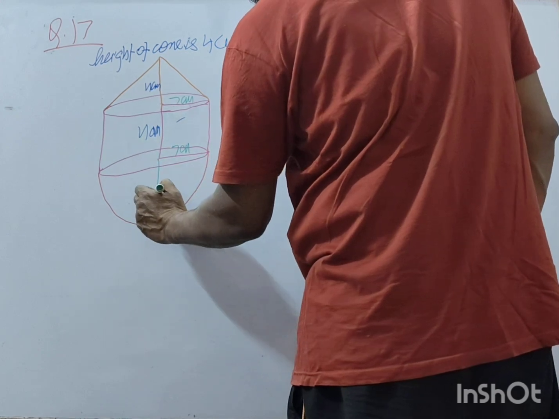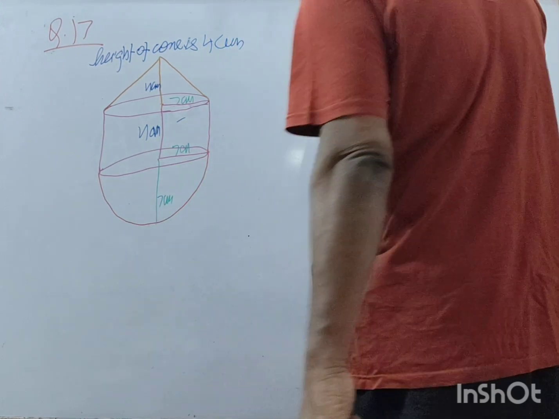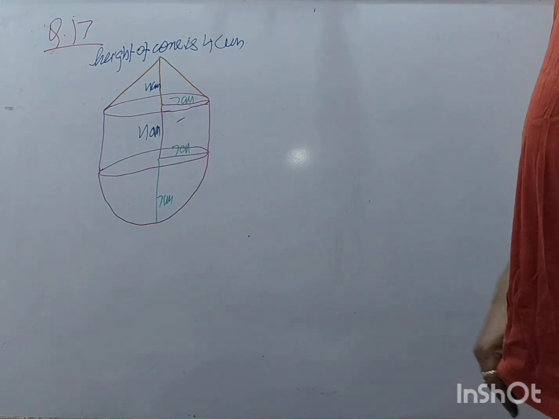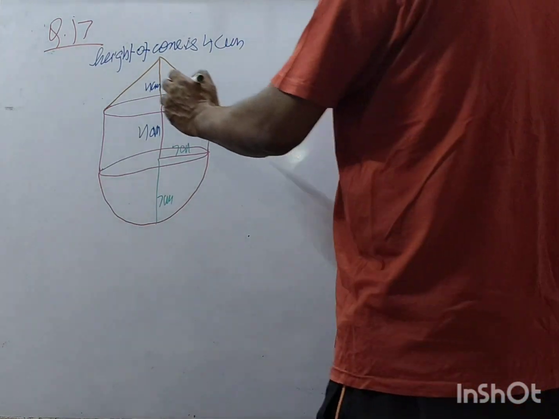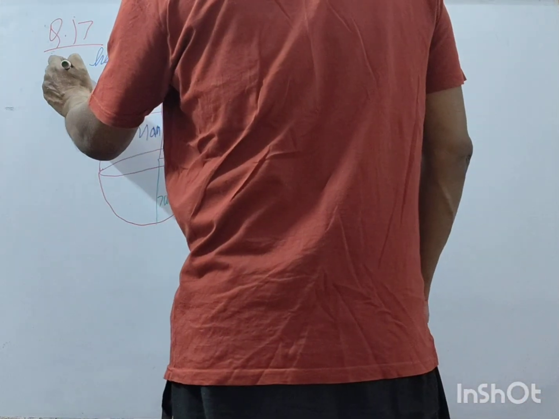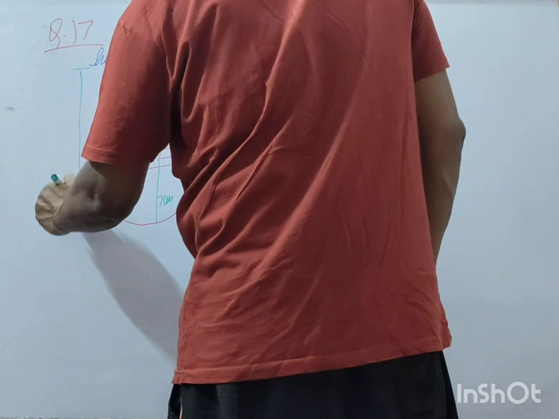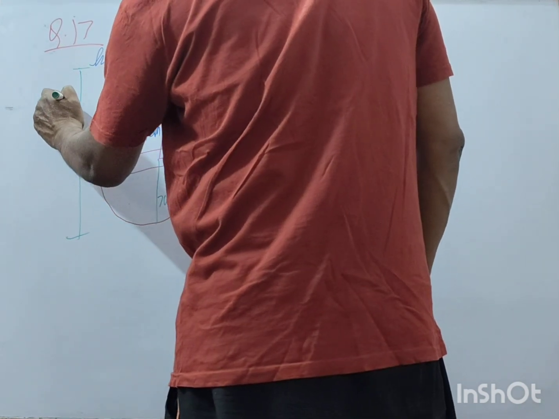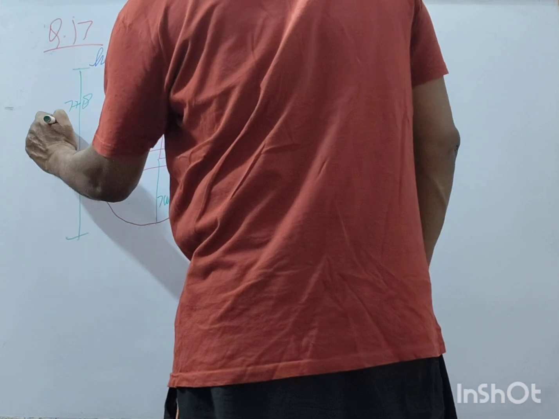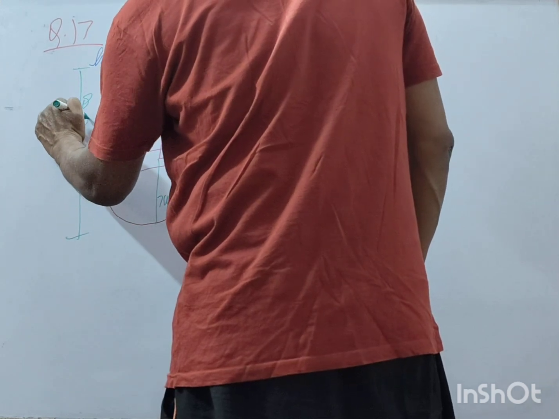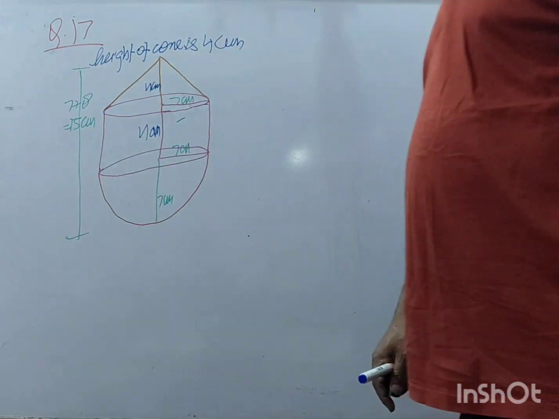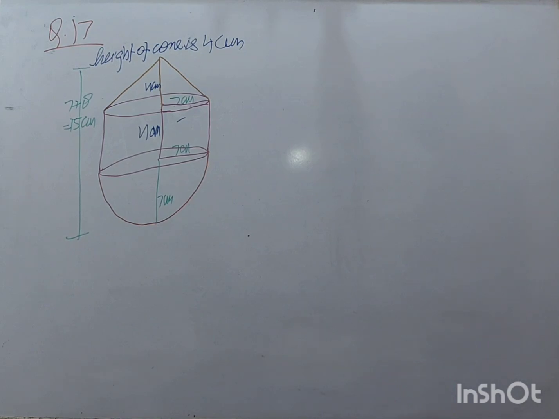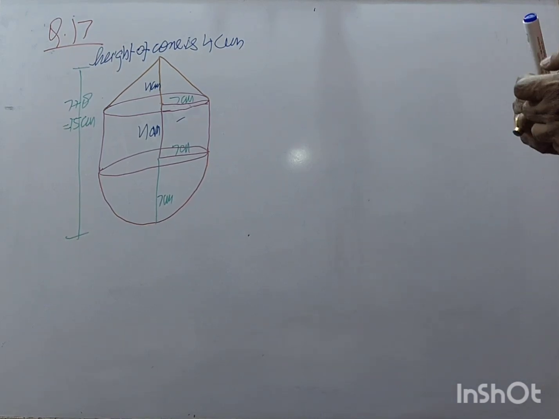So this is also 7 centimeter. So this total height is 7 plus 8 is equal to 15 centimeter. Right. What do you have to find? Find the volume of solid.